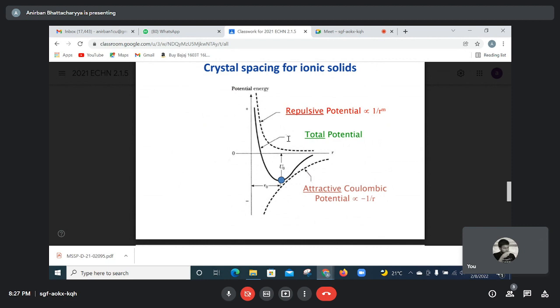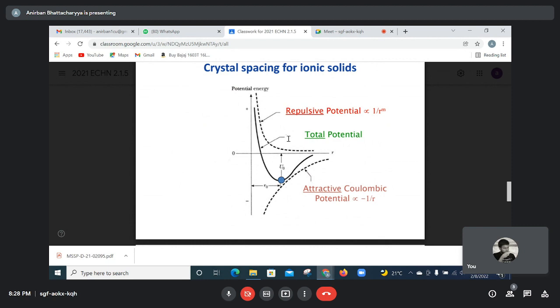Now, that is something called atomic force. And atomic forces obviously are very non-Coulombic. They don't go up by 1 by r, they go up by 1 by r to the power m, so they are like short range forces. They go up very fast. Now, together, what is the potential?